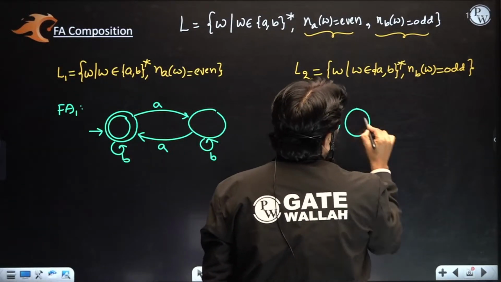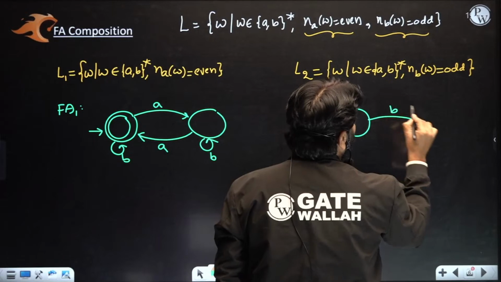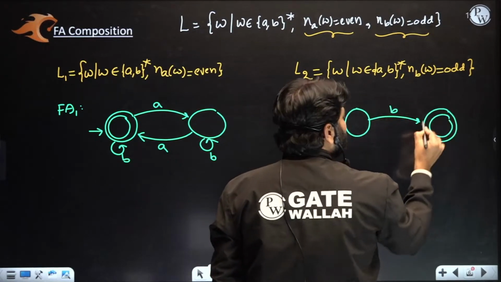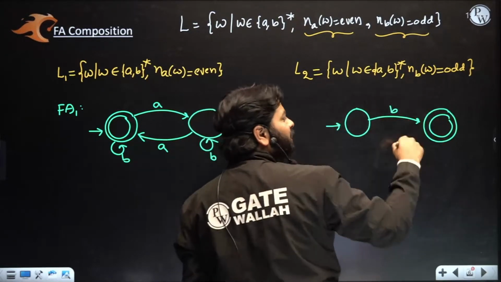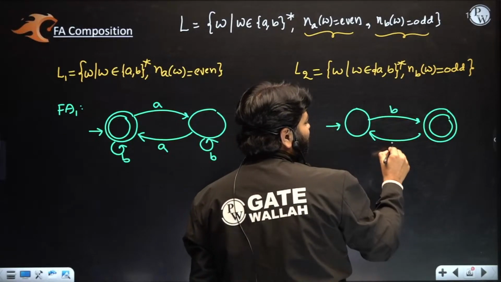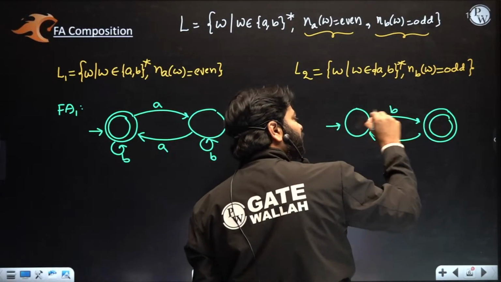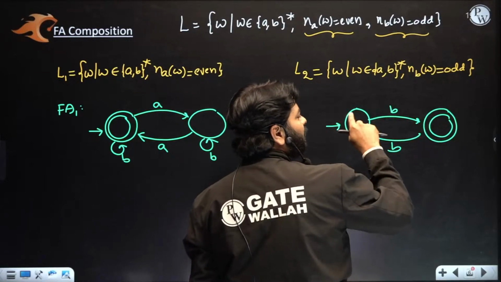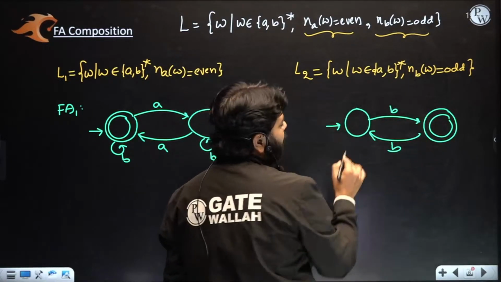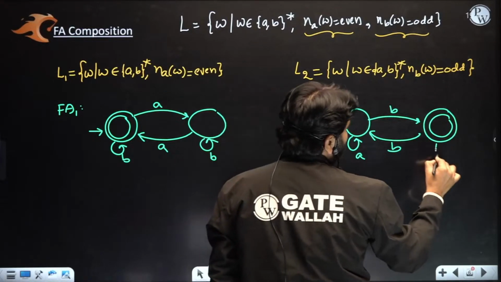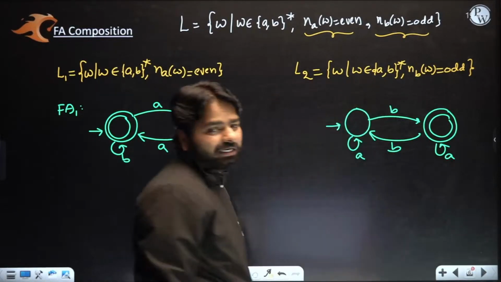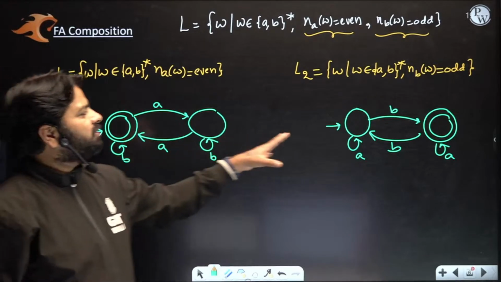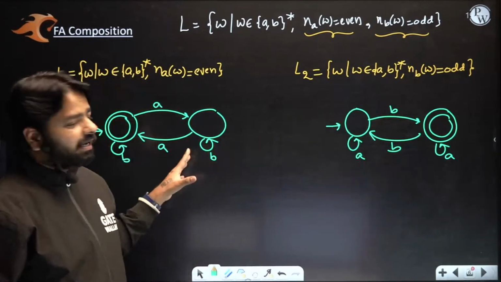So now at least one B should come, that's odd B, and then after that any number of even B's will become odd. So you make a cycle like B followed by even B's will become odd. So the 1st B, then the 3rd B, then the 5th B, you will always be at final, but for A's we don't care, you can have any number of A's from any state. So these are the two individual machines, they are so easy to design, yes or no?